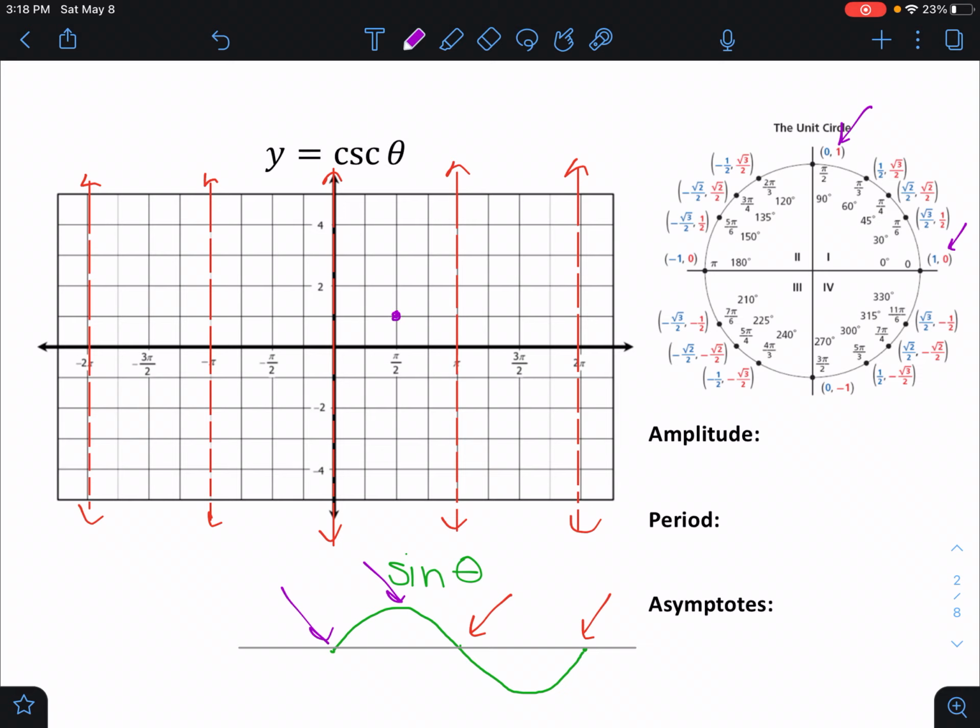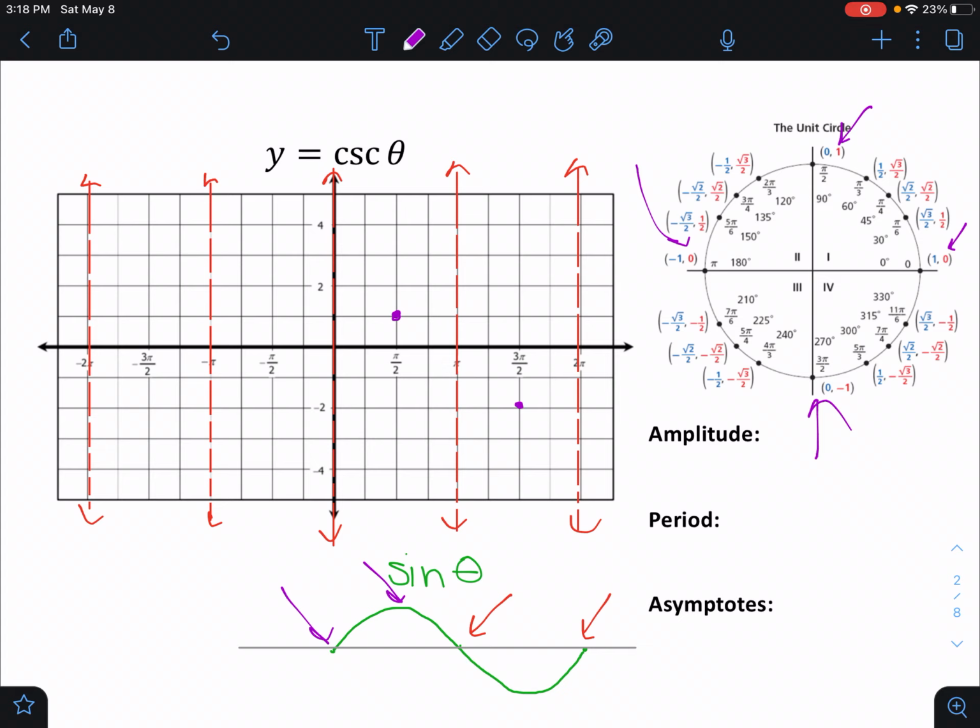So I have a dot here, okay? If I go to pi, I end up with 0 for sine, reciprocal, I get undefined. But if I go to 3 pi over 2 down here, I'm at -1. And I would do the reciprocal, I get -1.